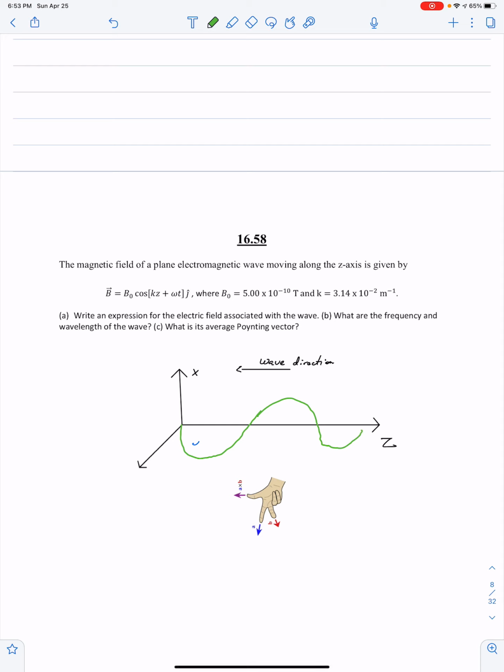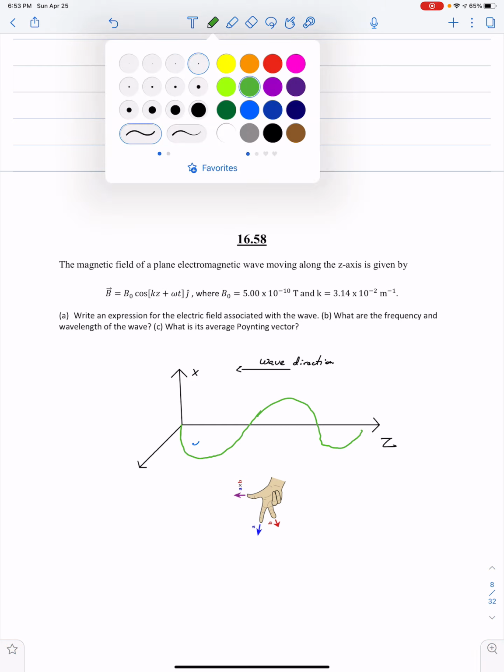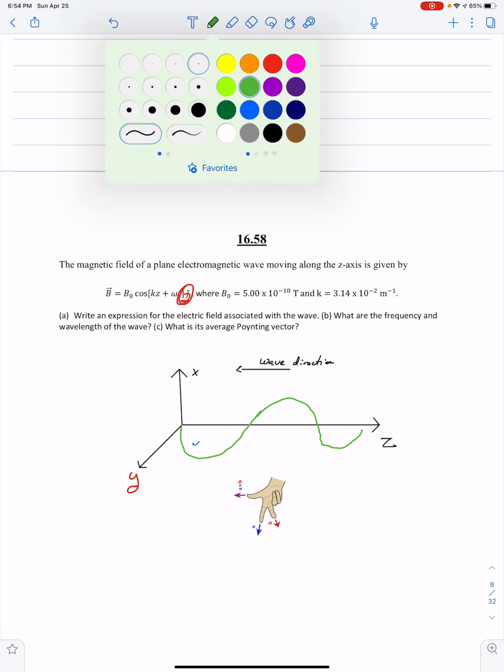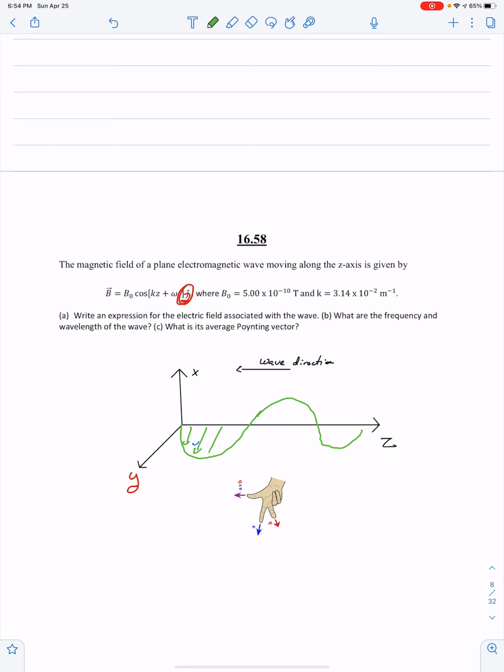Because this is Y right here, and I identify Y because it gives me j, it's saying that the electromagnetic wave is traveling through the Z axis, but the magnetic field is propagating along the Y axis. Okay, so we have identified that. But one last thing.